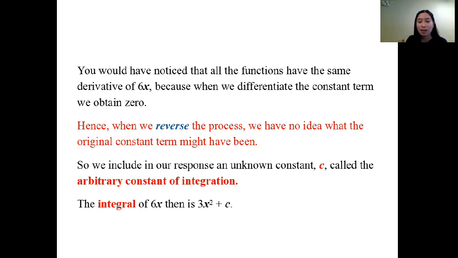Instead, we are going to use an arbitrary constant of integration, which is C or plus C. C stands for any real number.